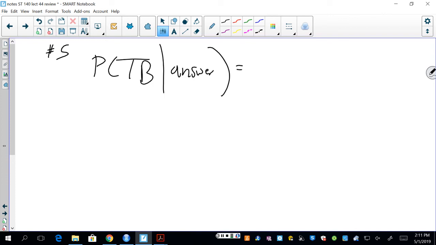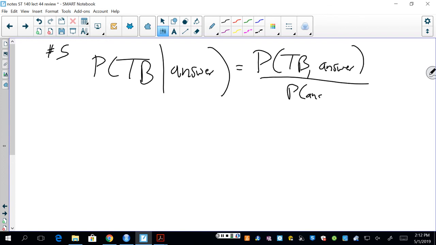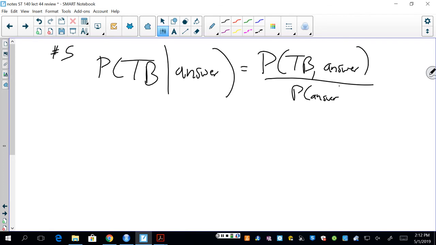And the Bayes theorem, kind of the inverse of this, you get both things here over the probability that you answer. And this is the probability of the preference and then they answer, to reverse it.